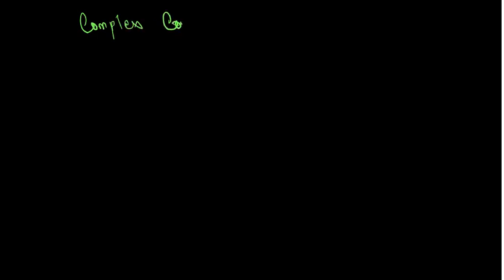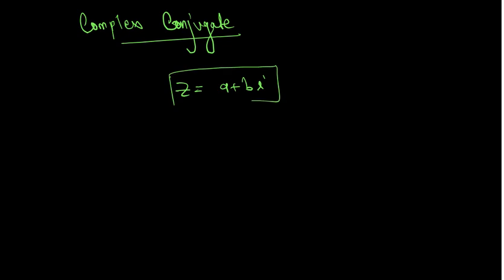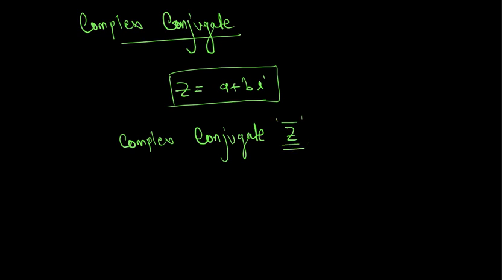Complex conjugate. What does it mean? See, let's suppose there is a number z. It is a plus bi. This is my complex number. If I want to calculate the complex conjugate, it is represented by z bar. We write a bar on this complex number, and what we do is a plus bi bar.